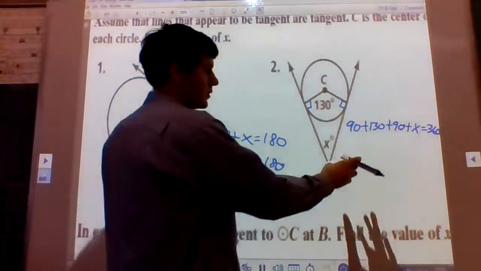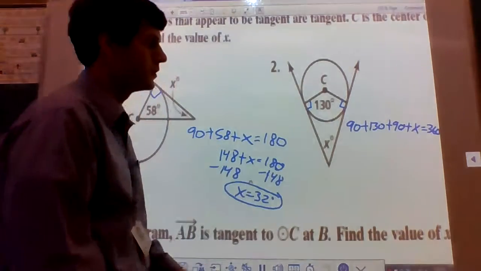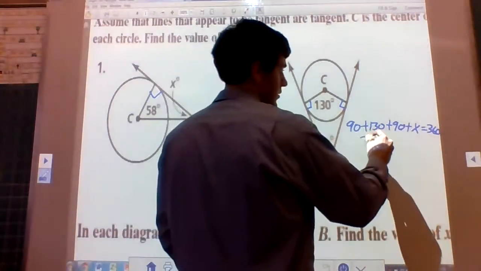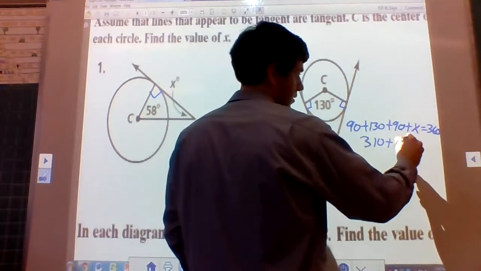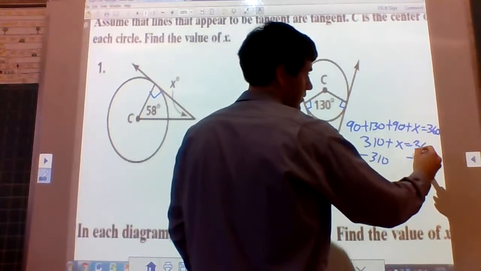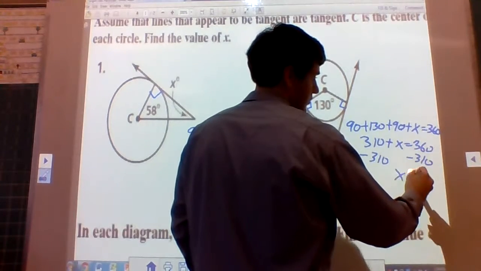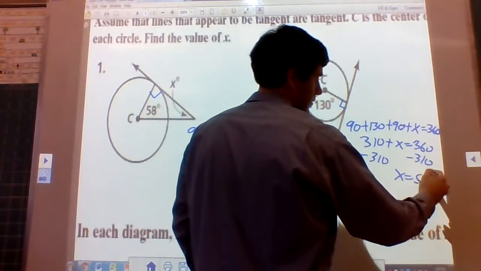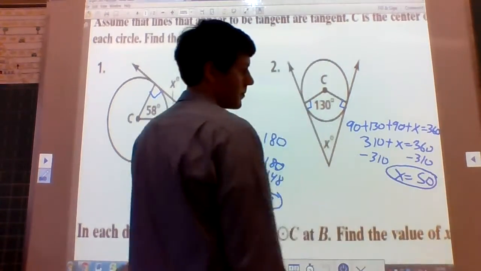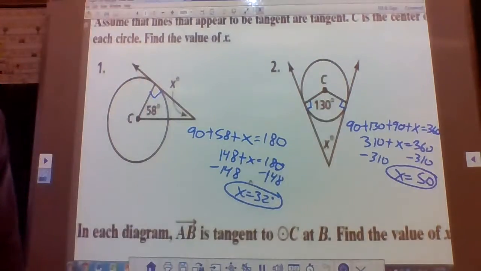Okay, 90 plus 130 is 220. 220 plus 90 is 310. We subtract 310 from both sides. We get x equals 50. Okay. 50 degrees.